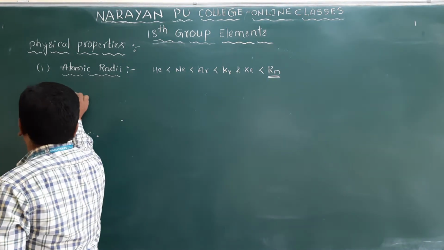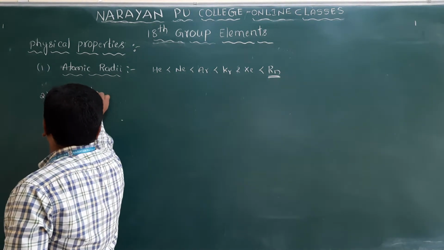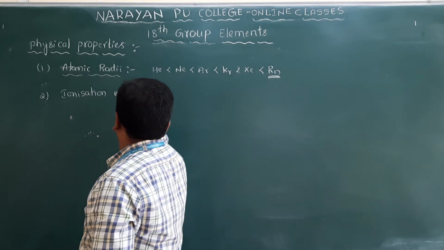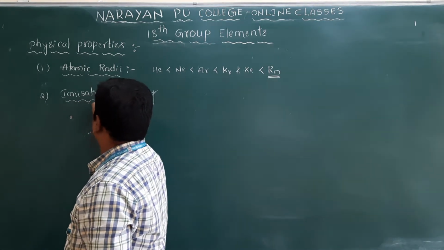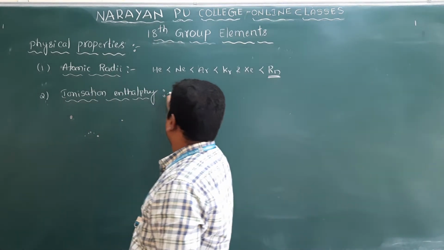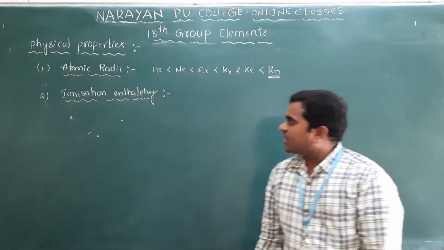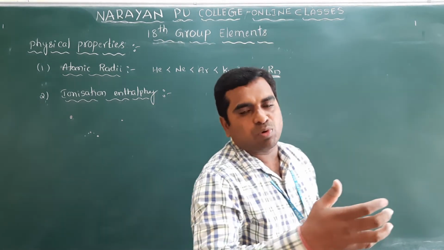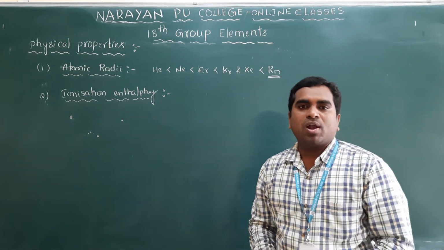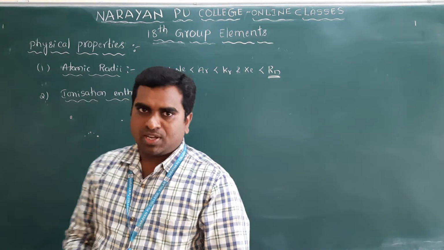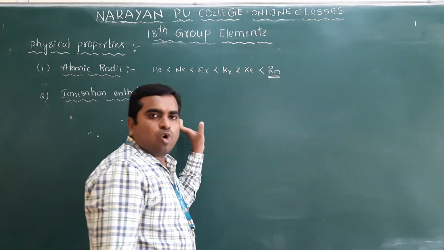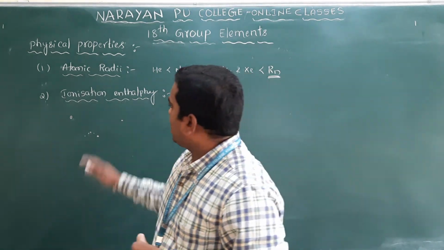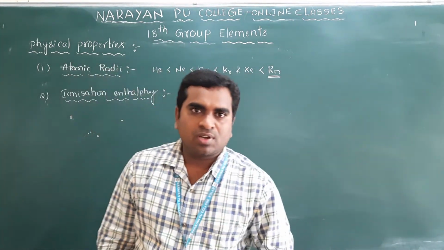And next one is ionization enthalpy. Clear? So you know that here ionization enthalpy. What is meant by ionization enthalpy? The energy required to remove the outermost electron will be called ionization energy. But you know noble gases or 18th group elements have very high ionization enthalpy values. Why?